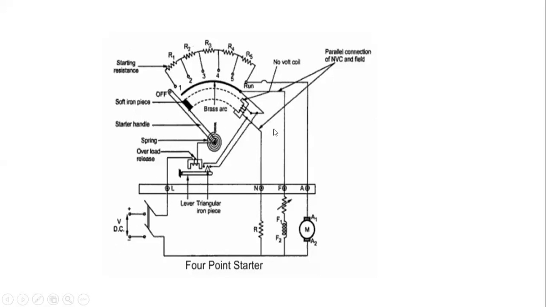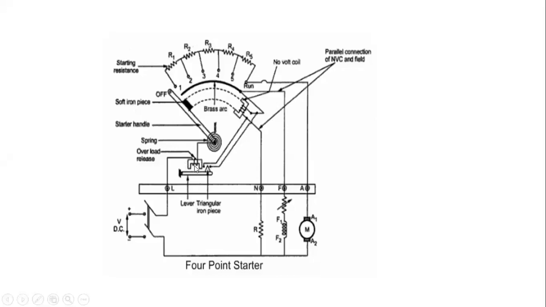If the supply continues, this magnet is energetic and it attracts the iron piece. If the supply is disconnected, this electromagnet is demagnetizing and it releases the handle from the on position to the off position. Okay, this is the working of a no volt coil.